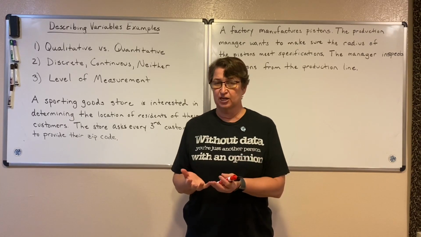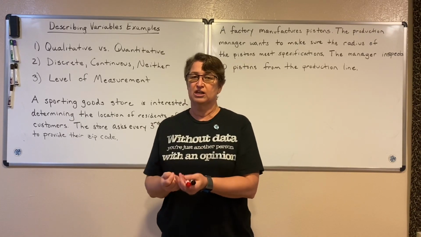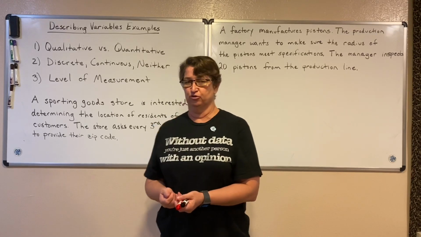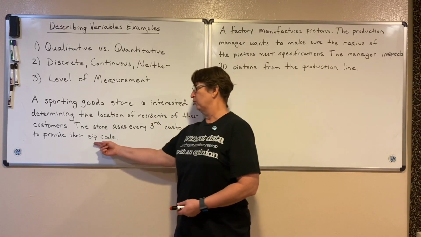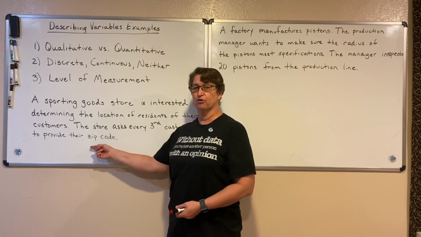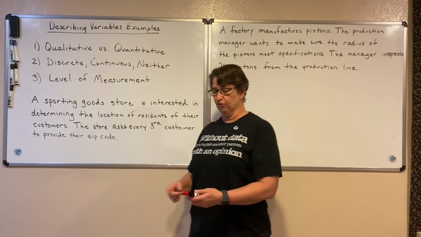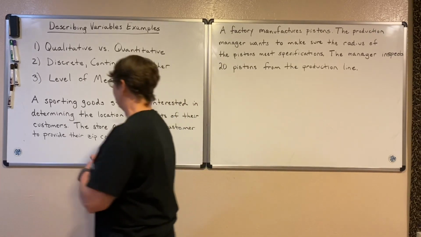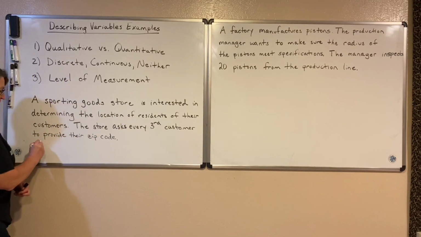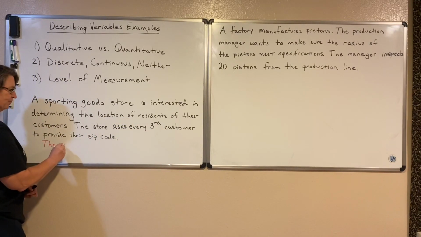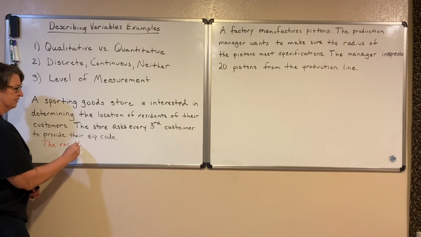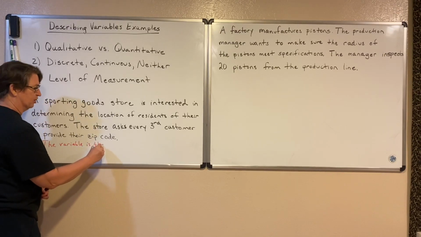What is your data going to look like? What is it that we're collecting from each of our customers? It tells us that we are collecting from each customer the zip code. So here, the variable that we'll be describing is the zip code.